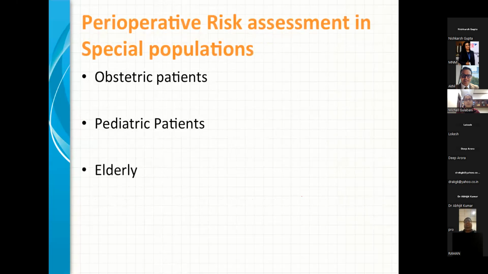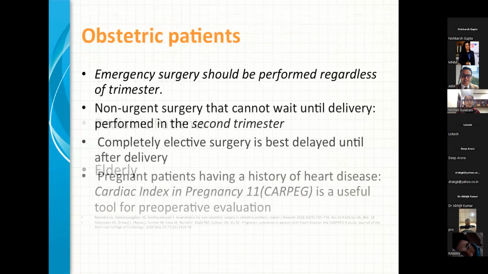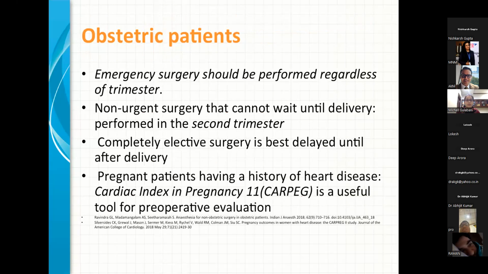In special populations, perioperative risk stratification varies slightly because the physiology of these patients is altered. Therefore, we need separate classifications to include them. For obstetric patients, emergency surgery should be performed regardless of trimester. However, for non-urgent surgeries that cannot wait until delivery, the second trimester is preferred.